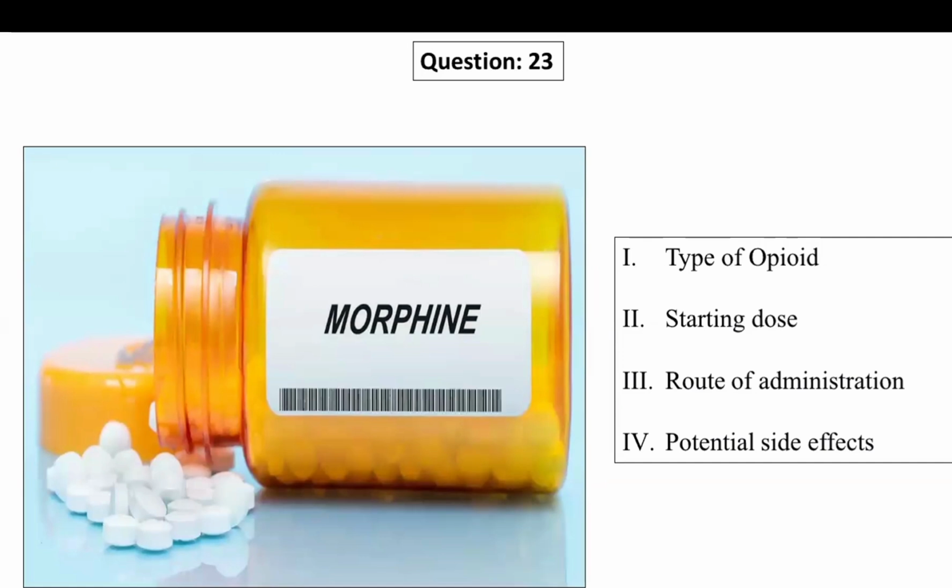We could add some laxatives for the constipation and some antiemetics for the nausea and vomiting. For the antiemetics, we add metoclopramide or ondansetron, and for constipation, we add laxatives. If you are suspecting respiratory depression and the patient has very severe respiratory depression, what is the antidote? IV naloxone.